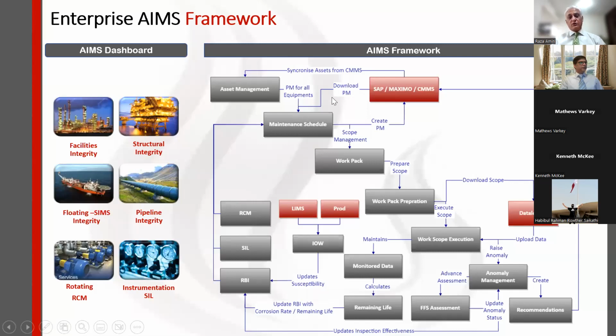If you go prescriptive, you can download those schedules and then create your PMCM module. But you want to move away from prescriptive to risk-based, and all the modules that you see here are the analytic modules, and all the RBI results are then used to go from a prescriptive way of doing PMCM to a risk-based approach.